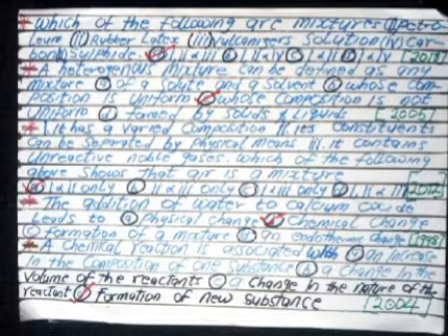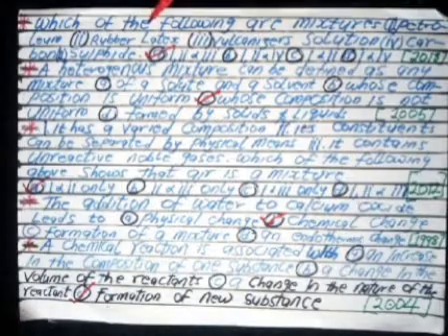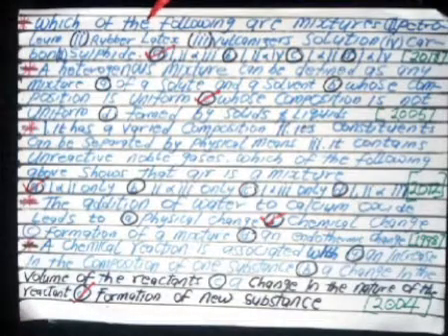So looking at the options, petroleum is a mixture, right? Containing different hydrocarbons. Rubber latex is also a mixture. Rubber latex is that white sticky liquid that is gotten from the rubber tree. It contains rubber, water, and some other substances.